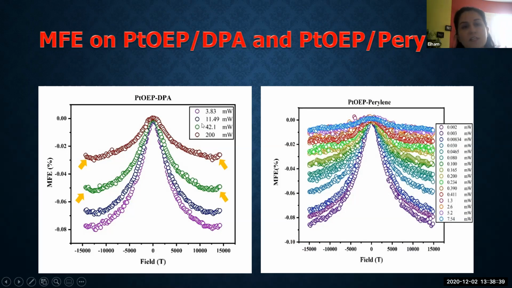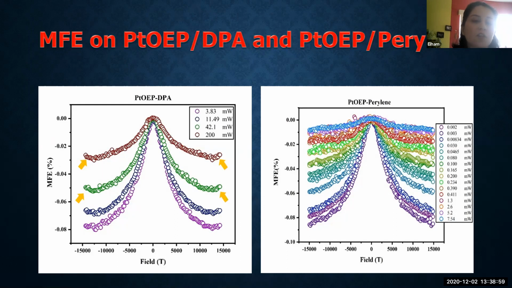Oh, I forgot to say this one, that we did some power dependency measurement first to recognize the different regions of conversion, the linear and quadratic part, and then we chose different powers in both of these regions.